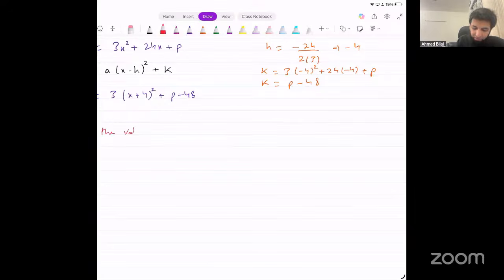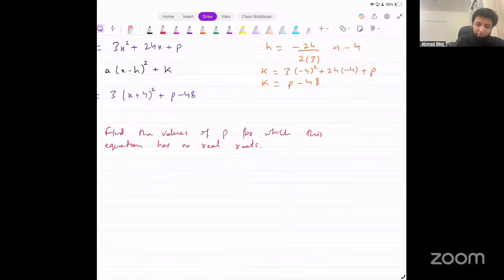Find the values of p for which this equation has no real roots. Now, even if they have mentioned hence, they allow you to do it directly as well.